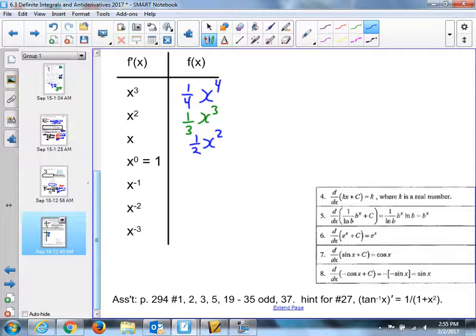Now there's a reason why I do this one here. Instead of just saying 1, think of it as x to the 0. What did that come from? Well, the derivative of what gives me 1? X, right? Same pattern. I'm not going to put x to the 1.